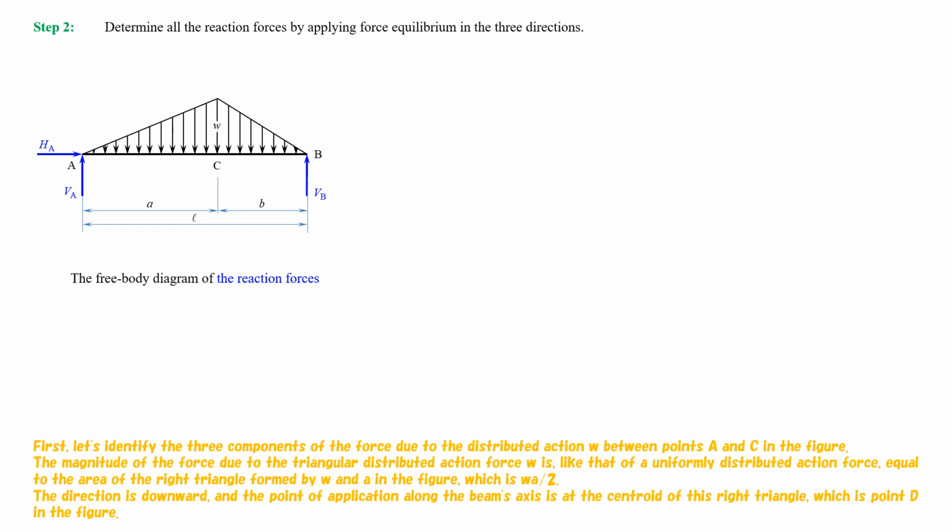First, let's identify the 3 components of the force due to the distributed action W between points A and C in the figure. The magnitude of the force due to the triangular distributed action force W is, like that of a uniformly distributed action force, equal to the area of the right triangle formed by W and A in the figure, which is W multiplied by A and divided by 2.